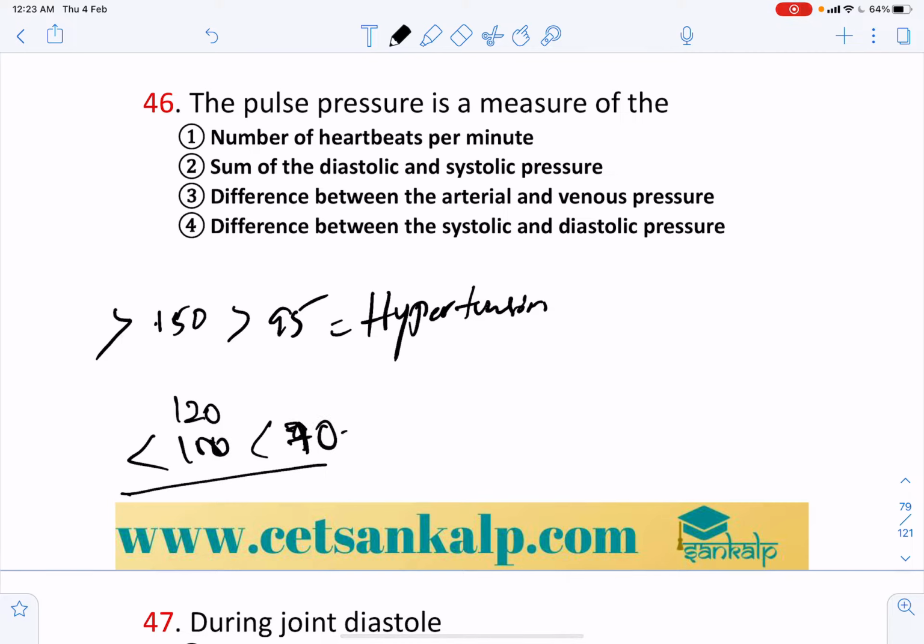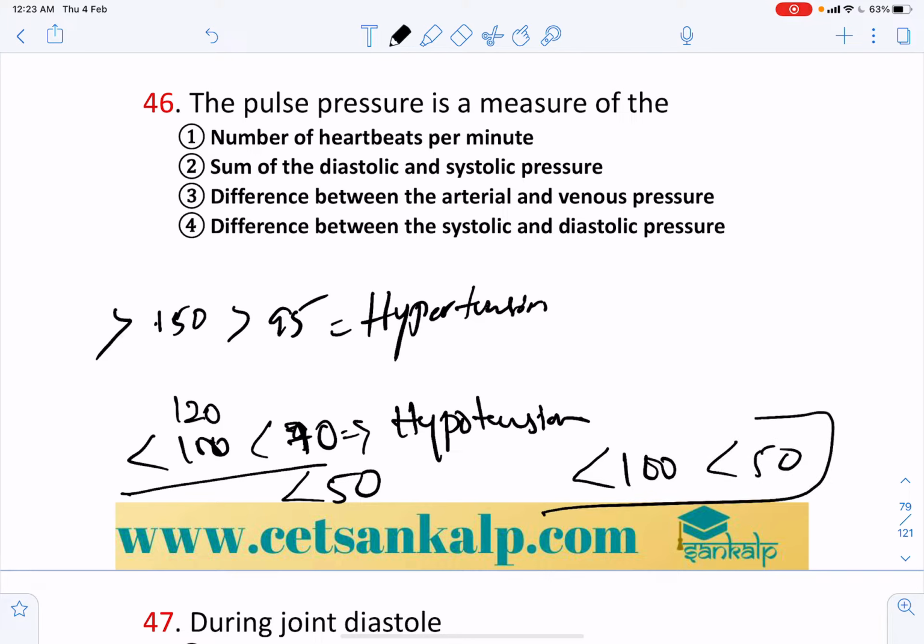If this is the case, we say hypotension. So hypertension is where a person's blood pressure is more than 120 by 80, and in hypotension it may go from less than 100 to less than 50. Less than 100 or less than 50, that is hypotension, reduced. So what is the pulse pressure?